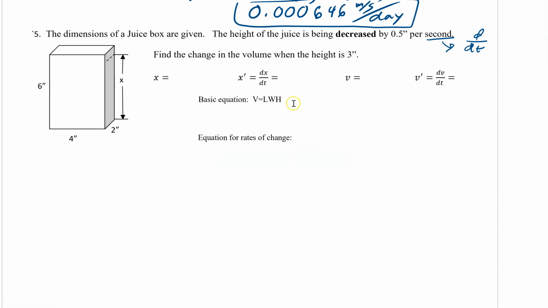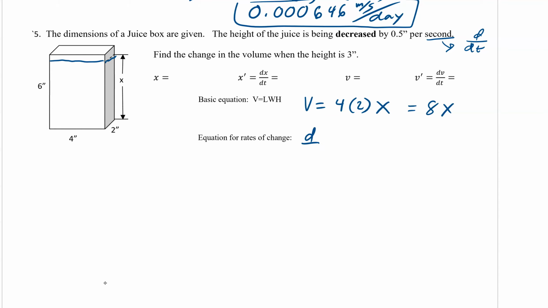So when we create the formula, we have to use the fixed quantities and the variable. So 6 is not part of the problem. It's just telling us that the box has a height of 6. What we're dealing with is the liquid that's in the box. So our formula here would be V equals length times width times height, not 6. And so it would become 8x.